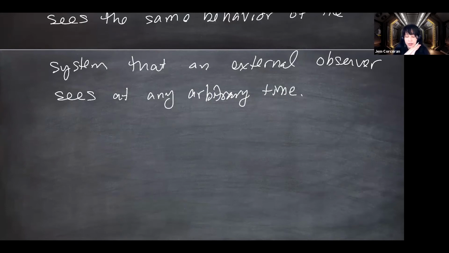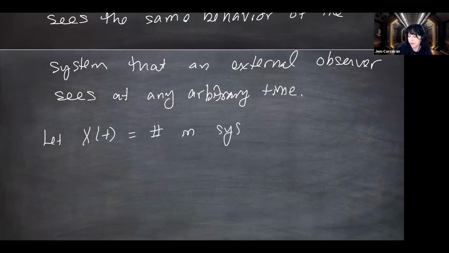I want to compare that to an arriving customer. Maybe this will make more sense if I actually start writing the math. I'm going to let x of t be the number in the system at time t. So when this reaches an equilibrium, we should get our stationary distribution.